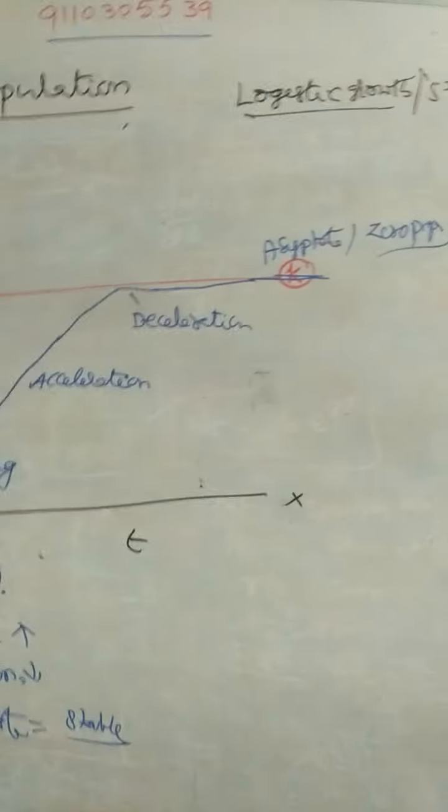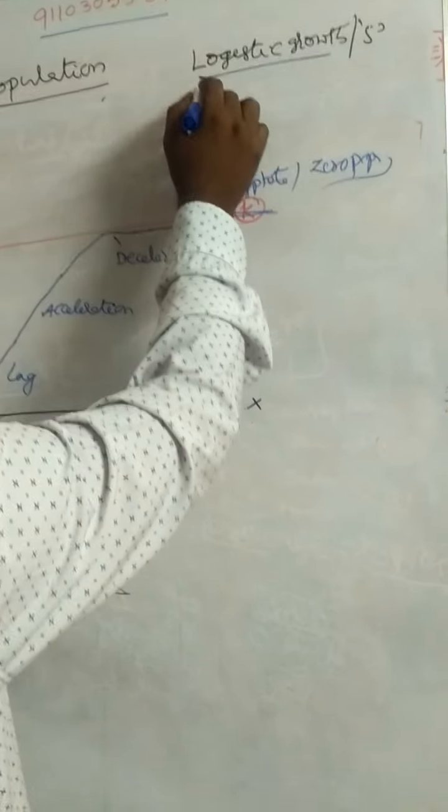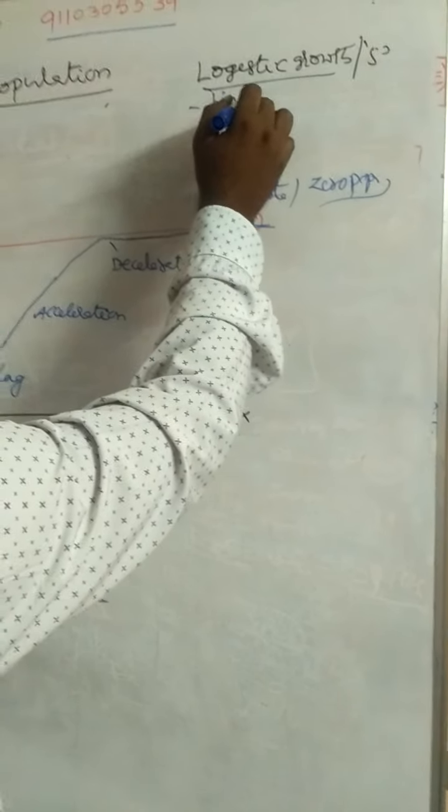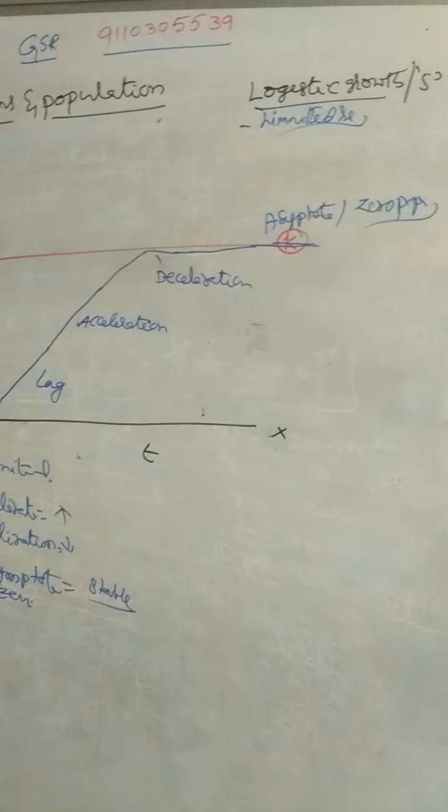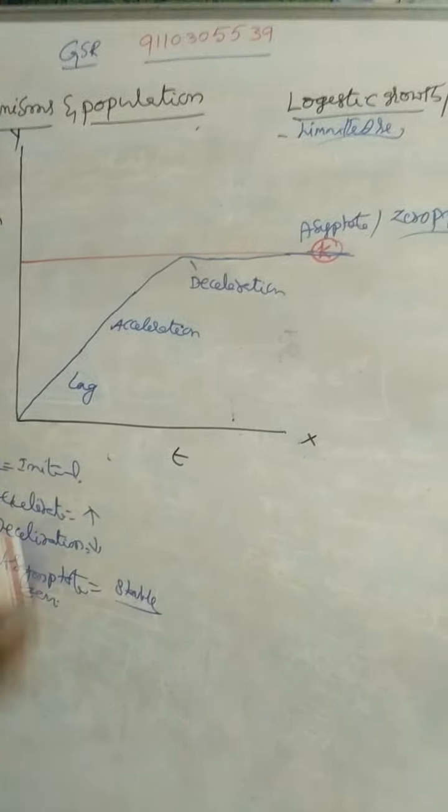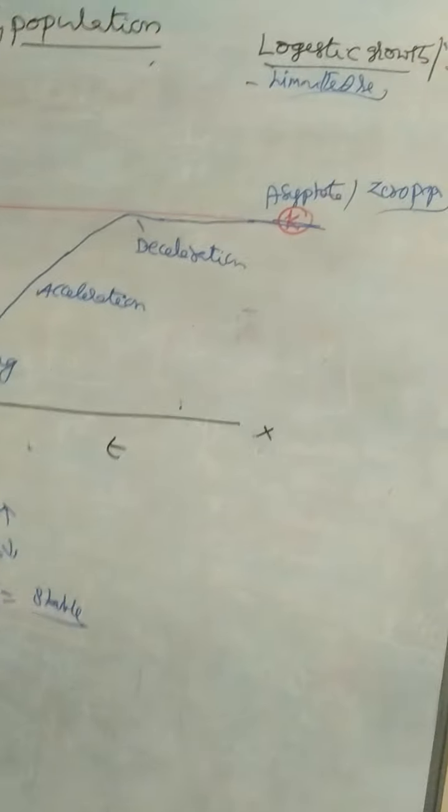This type of growth, logistic growth, occurs in unlimited resources or limited resources? Limited resources. Due to resources being limited, growth of the population is also limited. That means Darwin fitness is observed in this graph.